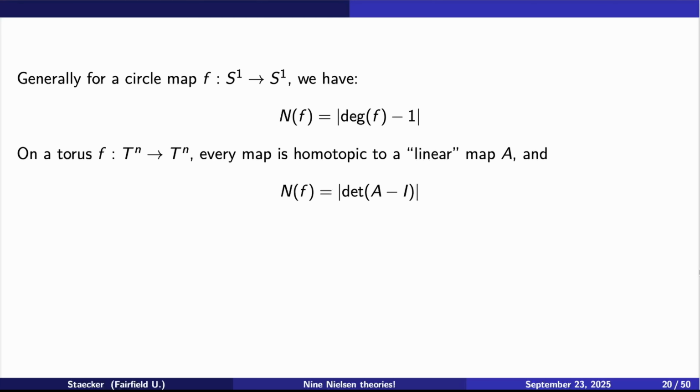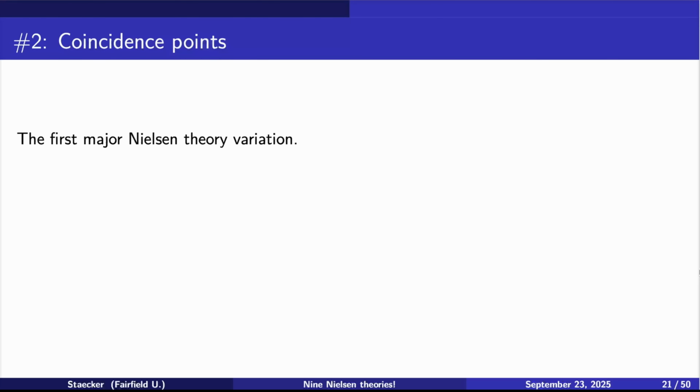And you can see in dimension 1, these are the same, but this is the determinant of A minus the identity matrix. All right. You will see these formulas appear again in the future. These are the basic examples of the Nielsen fixed point theory. All right, this is the ordinary Nielsen theory. That was the first one out of 9.